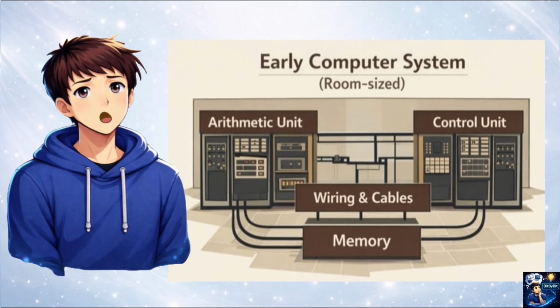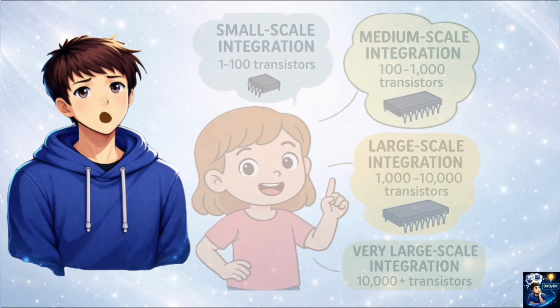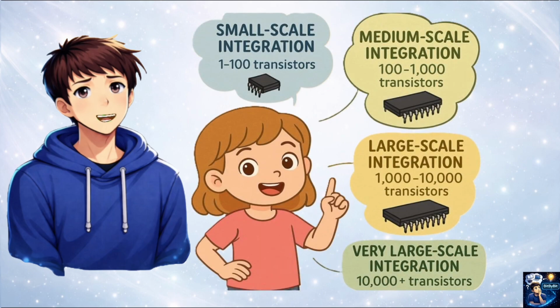This created a clear need. How can we make computers smaller, faster, and more reliable? This need for integration led to small-scale integration, or SSI, where a small number of logic gates were placed on a single chip. As fabrication technology improved, this evolved into medium-scale integration, MSI, and then large-scale integration, LSI.